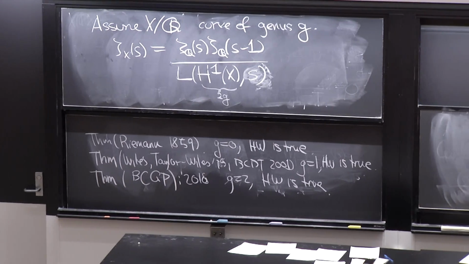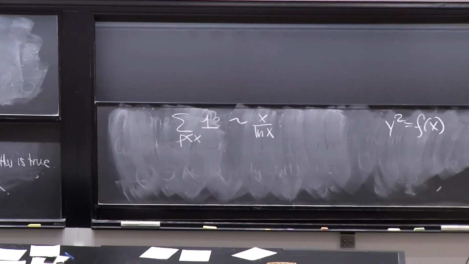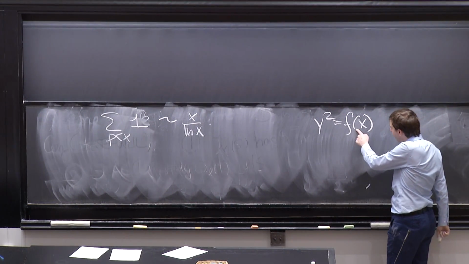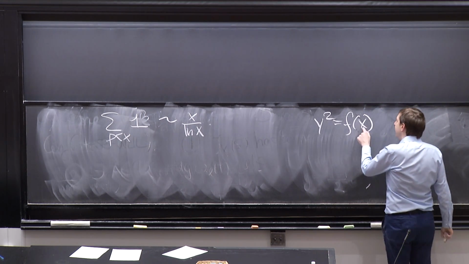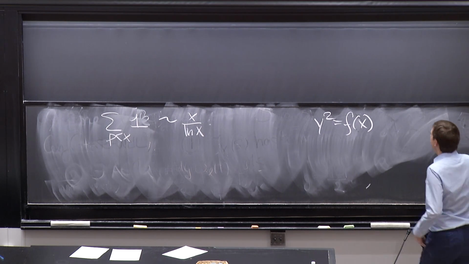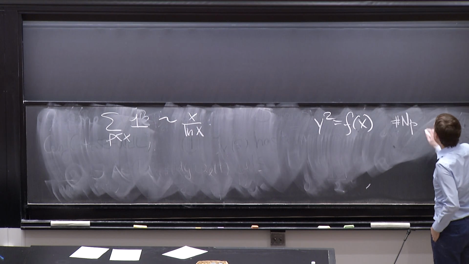So now let's go back and think about the equation y squared is equal to f of x. So this is a curve which, if the degree is 3 or 4, is a curve of genus 1. If it's 5 or 6, then it has genus 2. And if I count the number of points, well, how many points does it have?